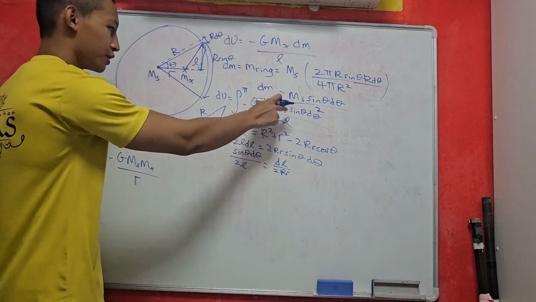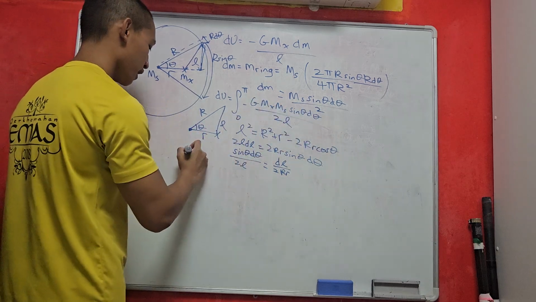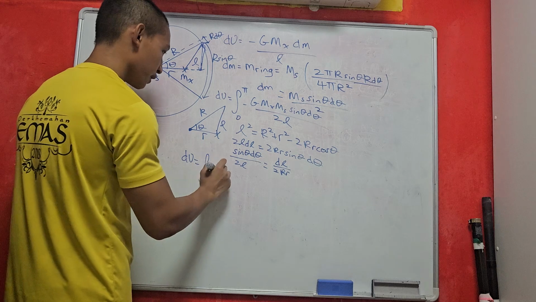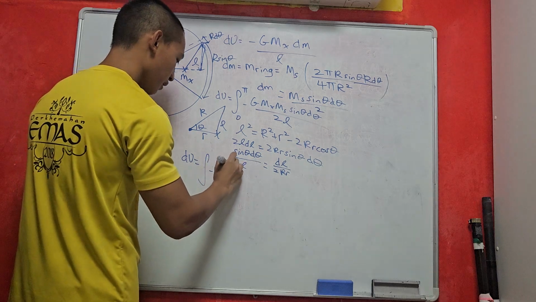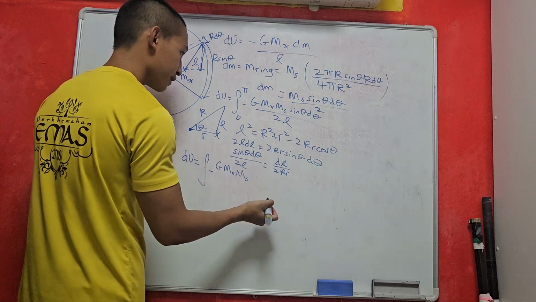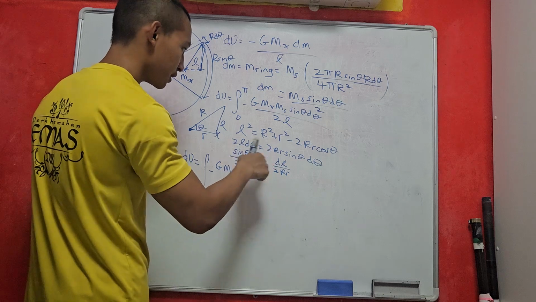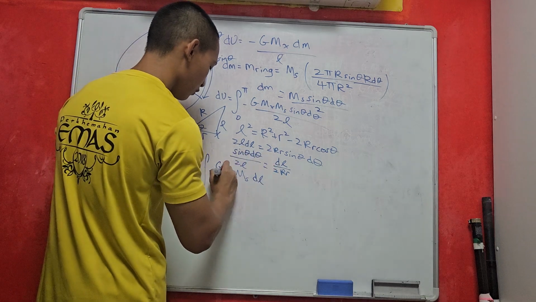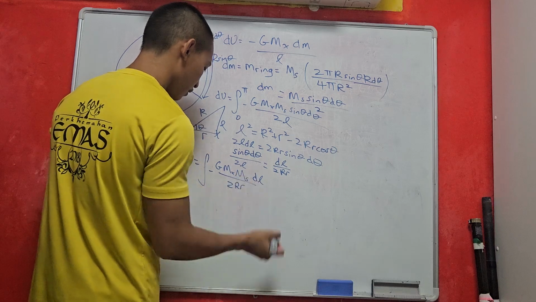With this, I can substitute it into this, and I'll get dU is equal to the integral of negative G Mx Ms, and substitute sine theta d theta over 2L to be dL over 2Rr.